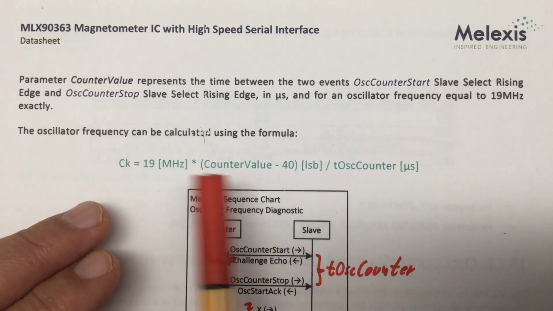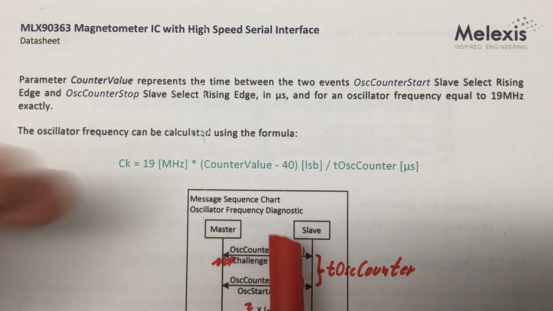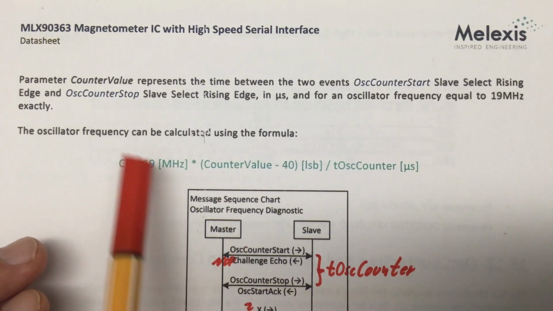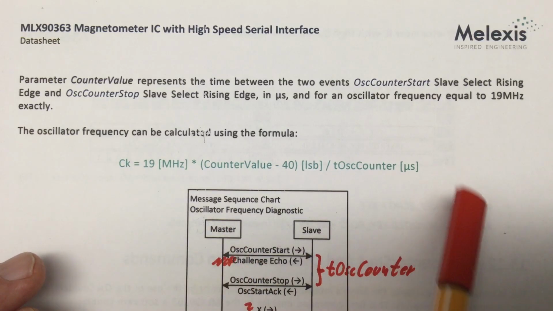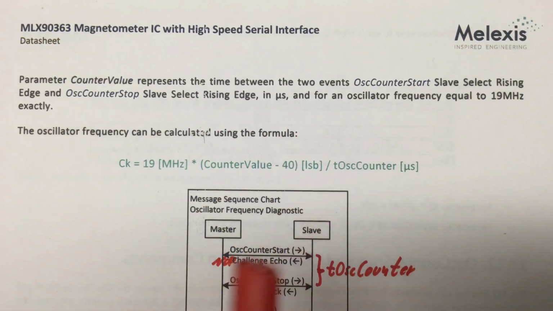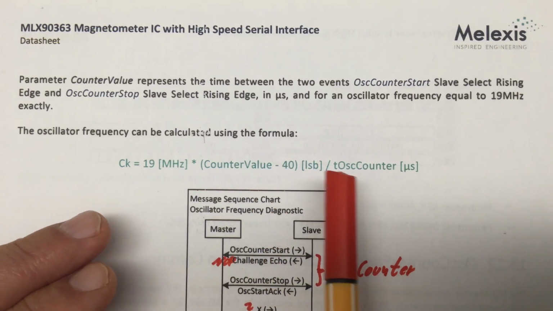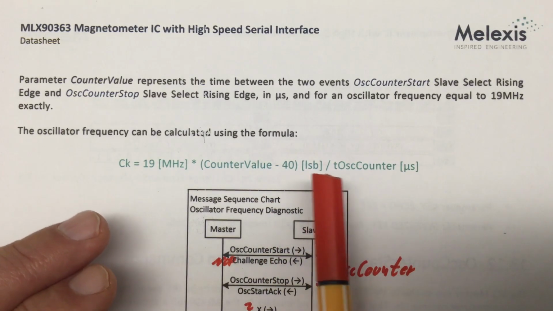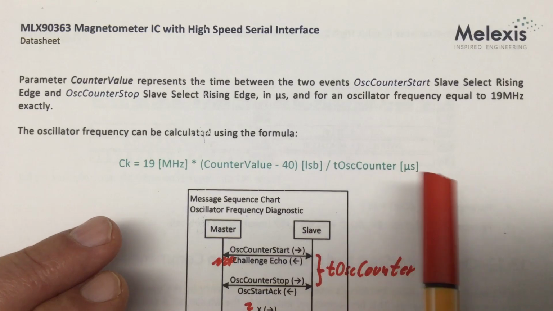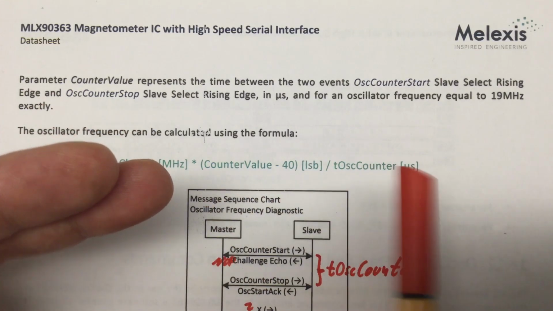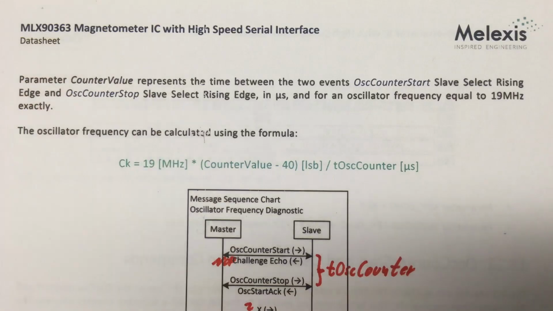Anyway, with the counter value received in the last SPI transaction, you can now calculate the internal oscillator frequency using this formula. How precise that calculation is depends on how precise you could time that T oscillator counter thing. And you cannot make that very precise in an Arduino environment.